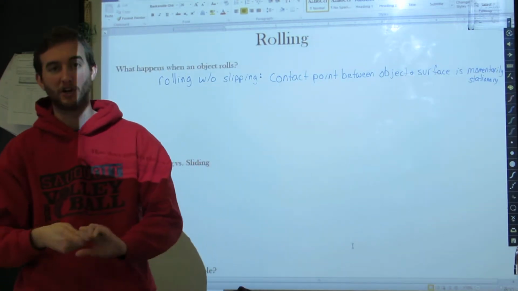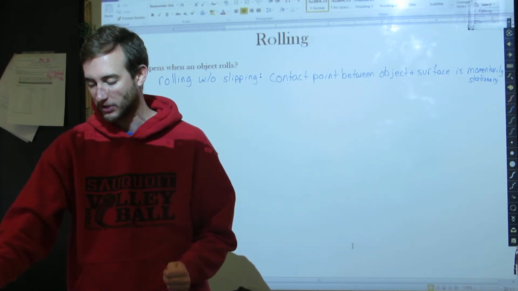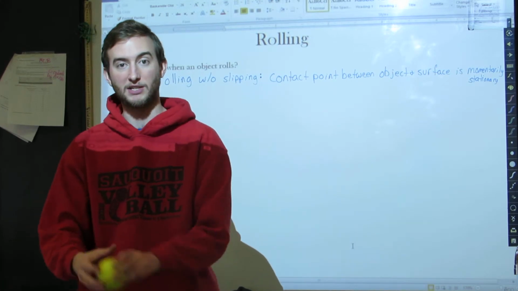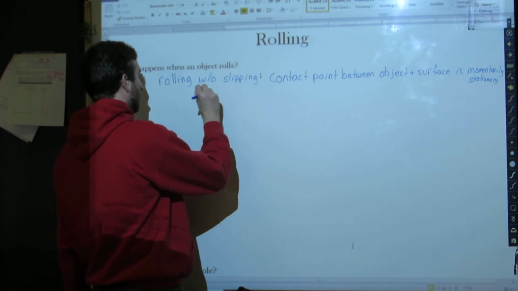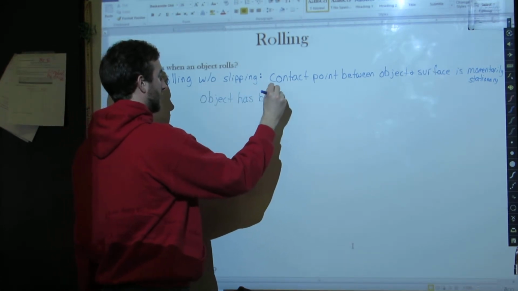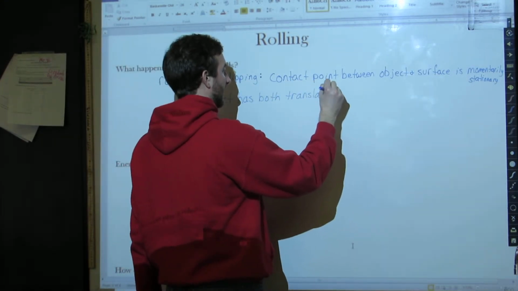This doesn't mean the object is stationary, it just means that one little point relative to the surface is stationary. And if an object is rolling without slipping, clearly the object is translating, moving from place to place, and it's also rotating. So this type of object has both translational and rotational kinetic energy.